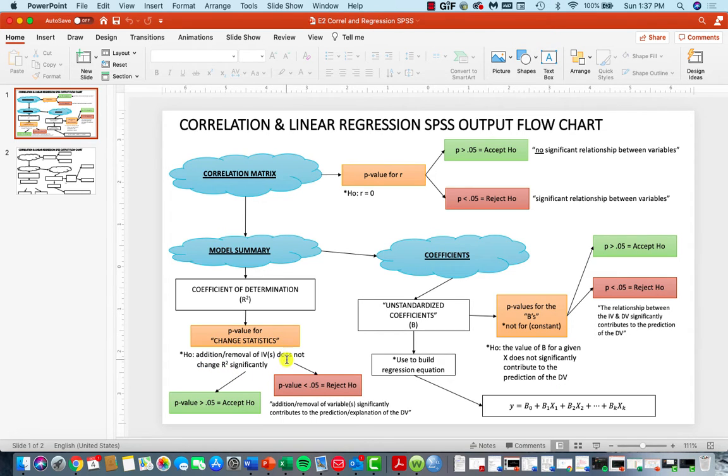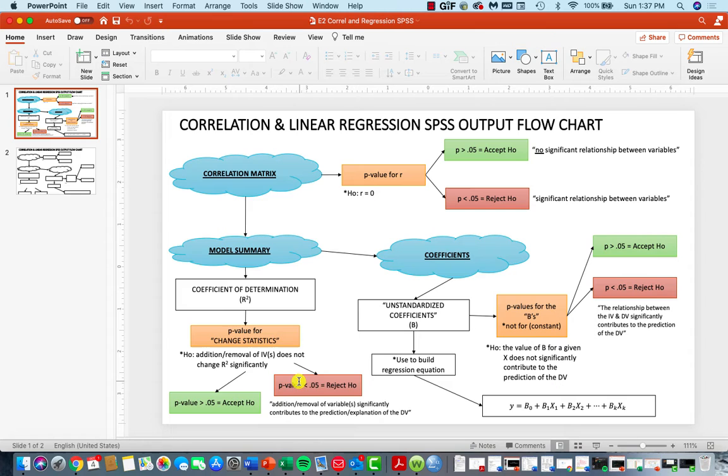So this is the hypothesis that we're testing when we look at how R-squared changes with the addition or removal of variables. If we end up with a p-value greater than 0.05 in that sig column, it's going to indicate that we're not changing R-squared significantly. In other words, we accept this null hypothesis.